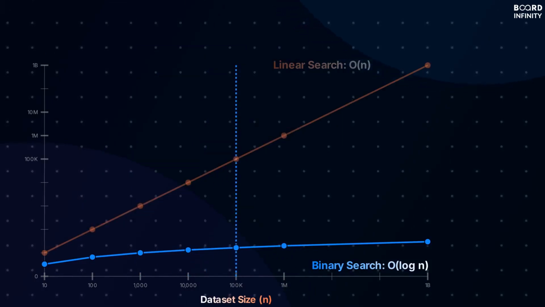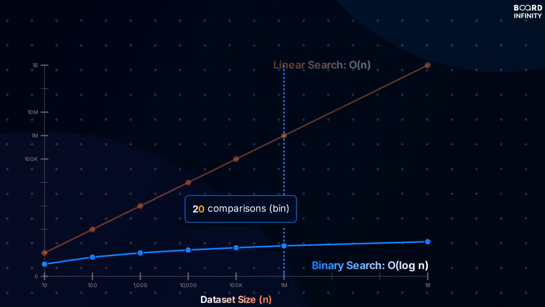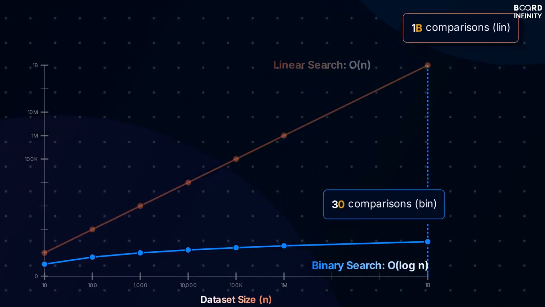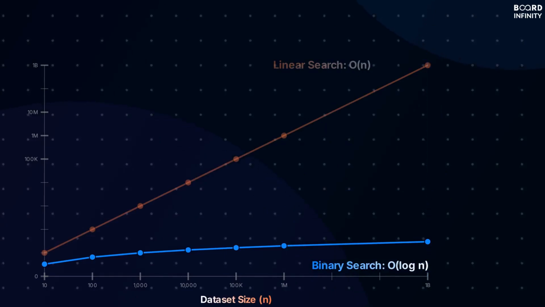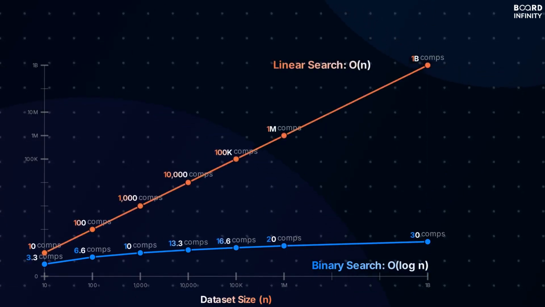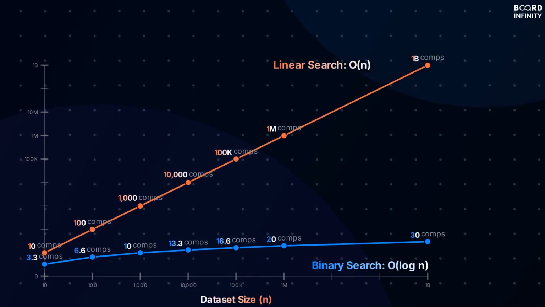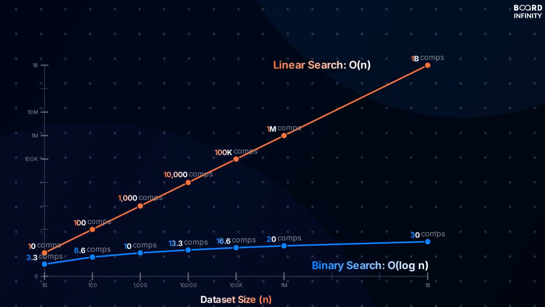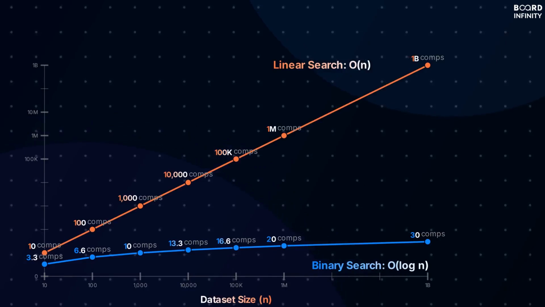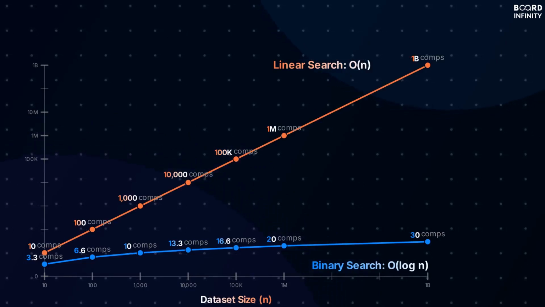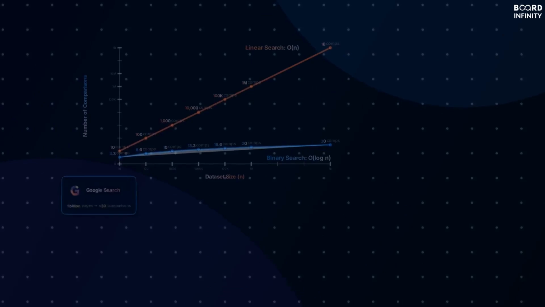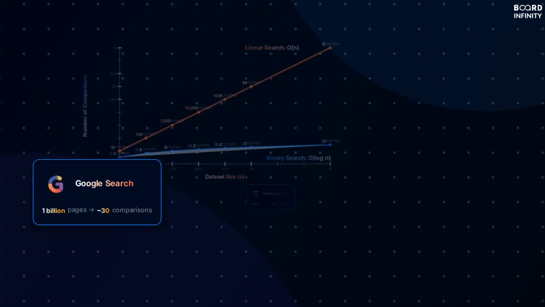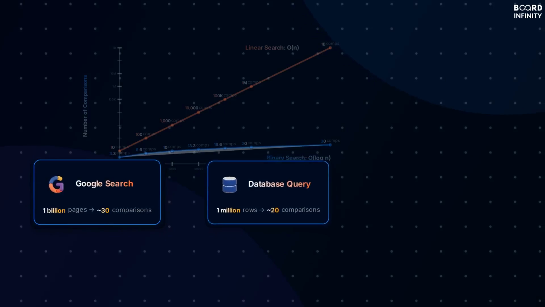And this dramatic difference in scaling is precisely why binary search is so critical for modern systems. Mastering this concept is key to understanding efficient algorithms, a fundamental skill for any aspiring professional. This incredible efficiency is why Google can search billions of pages in milliseconds, finding your results almost instantly.